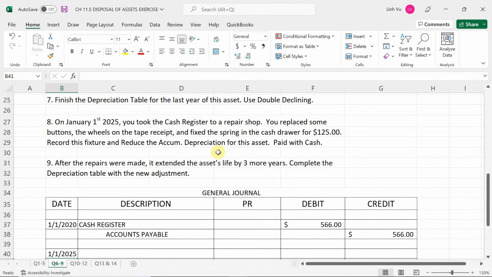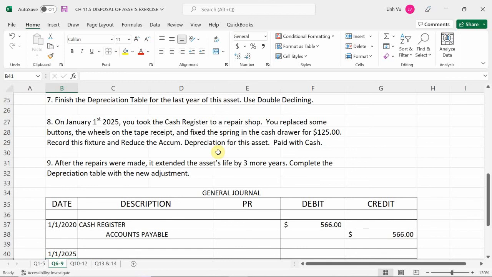We're not talking about the table right now. We're talking about the problem. I'm going to add this $125 from which account? Accounts payable.